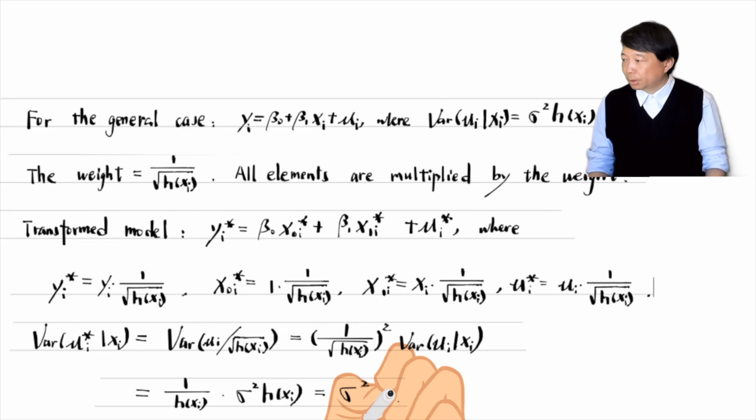The coefficients in the original model, beta 0 and beta 1, are preserved in the transformed model. What we need to do is to construct the transformed variables and run a WLS regression without an intercept.